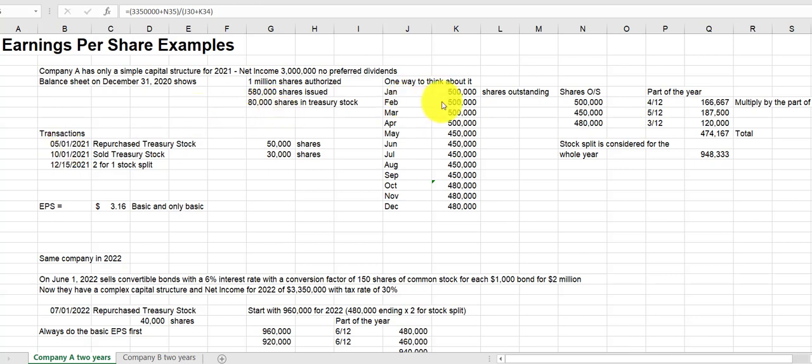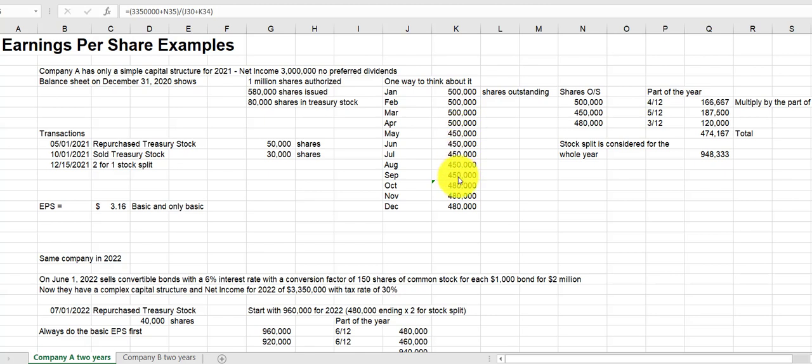So if you think about calculating the weighted average, you're looking at each month of the year, and if you were doing this in real life and getting really particular, you'd do it for every day. How many shares are outstanding for the month of January? 500,000, that's what you started with, and nothing changed it until you got to May. So from January through April, it was 500,000.